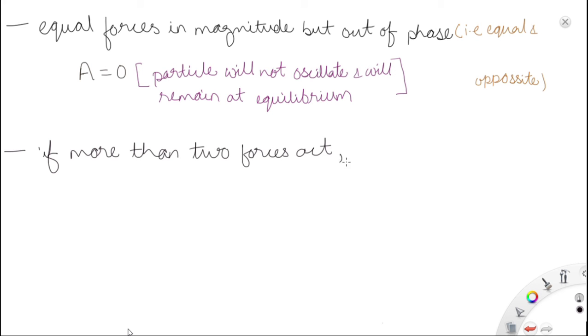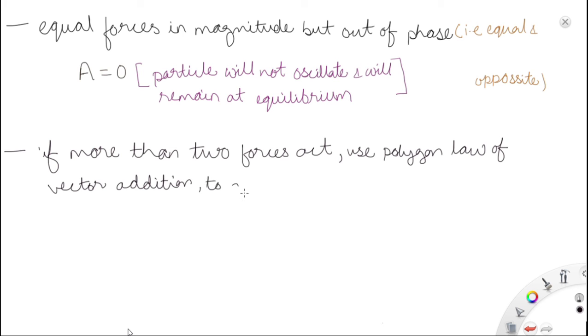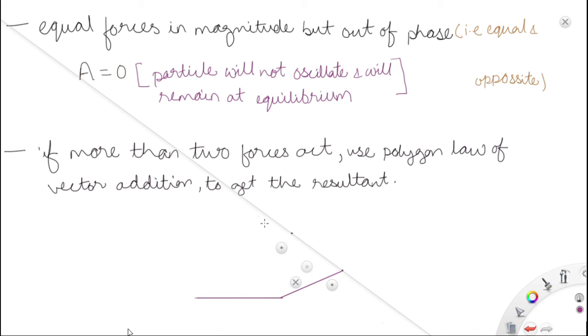If more than two forces act, use polygon law of vector addition, because we have seen only triangle law in these cases. But if you are engaging with more forces, more than triangle law, you will need polygon law.